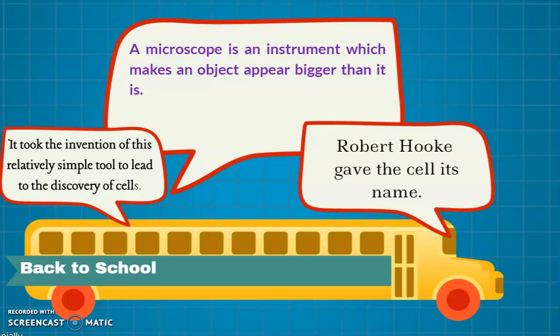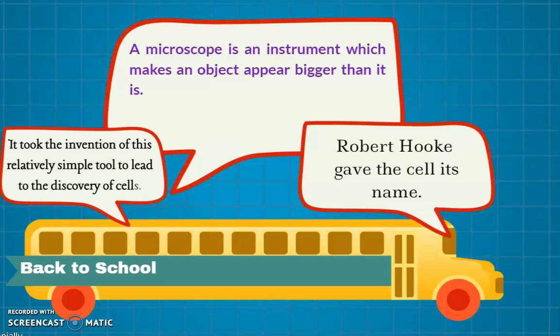Okay, so it took the invention of this relatively simple tool to discover cells. And who discovered cells? Robert Hooke. Robert Hooke was a scientist who took a piece of bark from a tree, that's cork, a piece of dead bark. He placed it under the lens of a microscope. And then suddenly he saw tiny empty rooms in there.